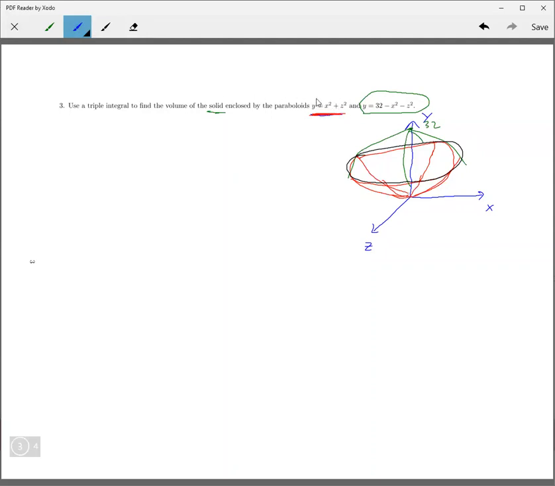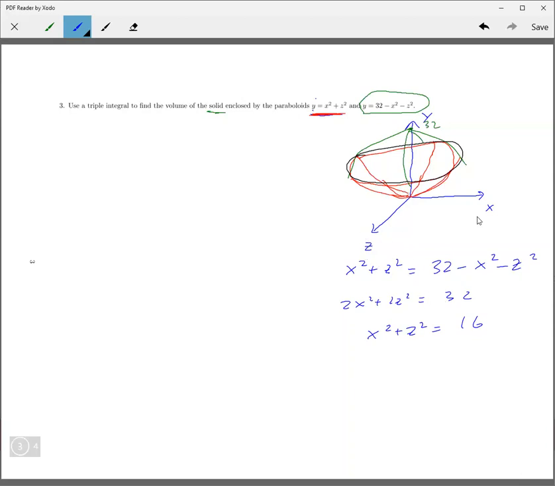We have y equals something here, y equals something there, so we just set the other parts equal to each other. And bring these over here, you get 2x squared plus 2z squared equals 32. Divide everything by 2, and you get x squared plus z squared equals 16.